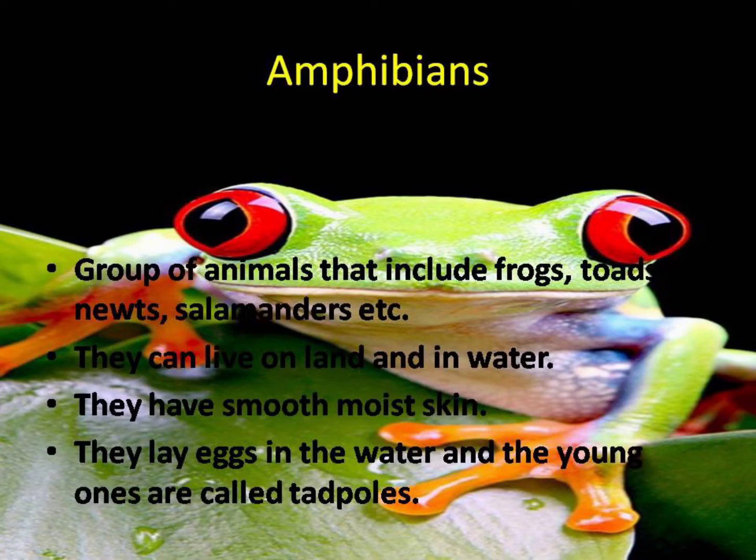Amphibians are a group of animals that include frogs, toads, newts, salamanders, and more. Unlike fish, amphibians can live on land and in the water and have smooth, moist skin. They lay eggs in water and the young ones are called tadpoles.